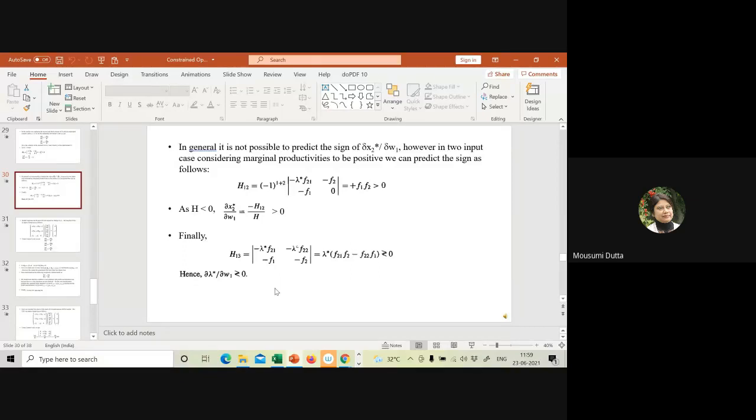So this value can be positive, this value can be negative, depending on the sign of the matter within the bracket.